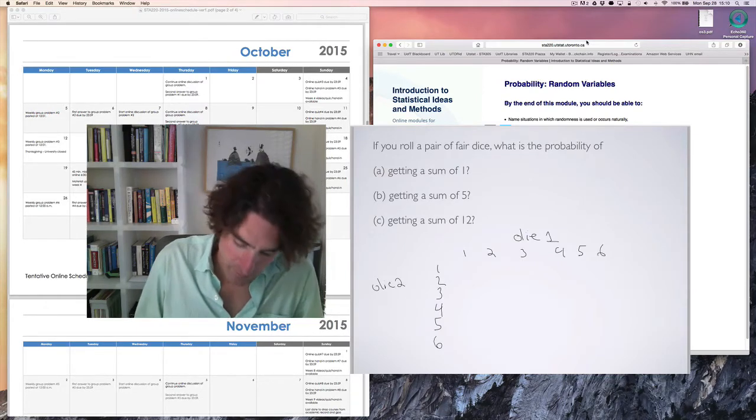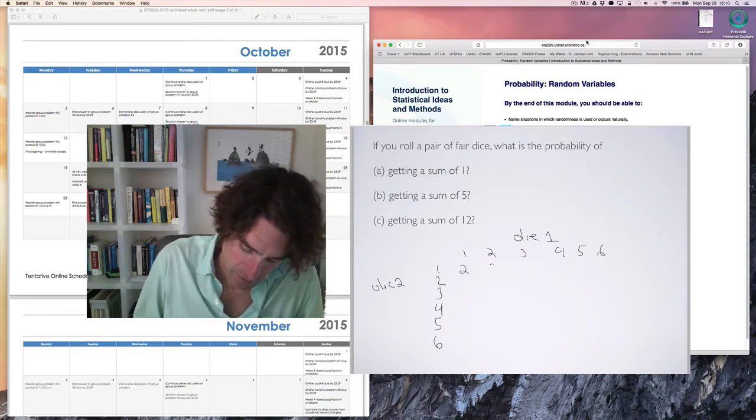So the sum will be, if the first die is a 1 and the second die is a 1, that's 2, 3, 4, 5, 6, 7. And then so on.